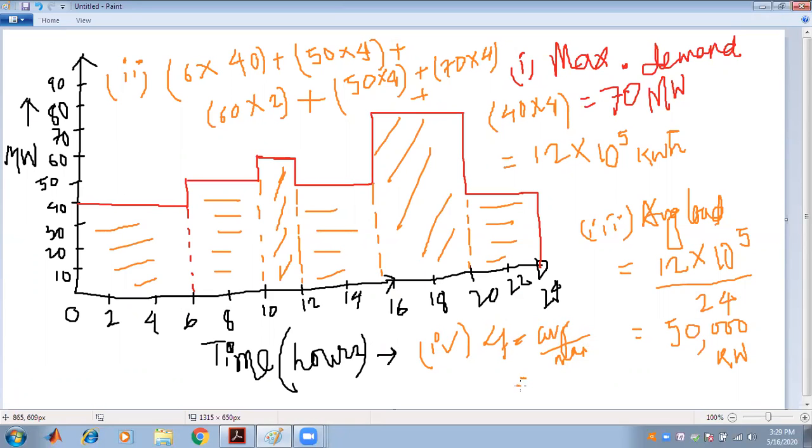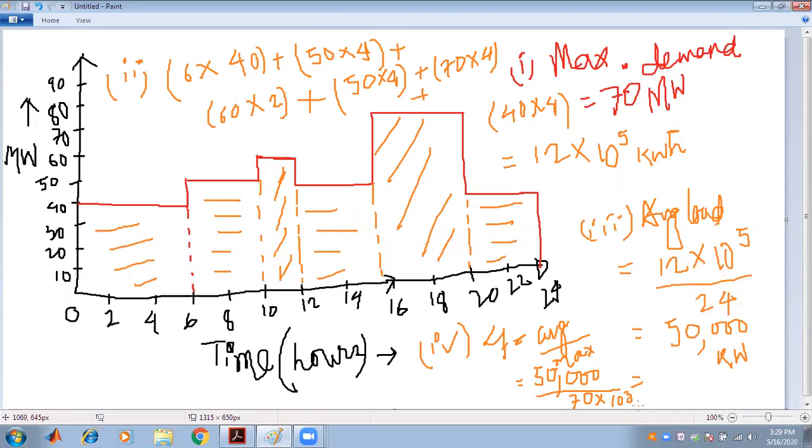Average load divided by maximum demand. The average load is given as 50,000, which we have found, and the maximum demand that we have already found is 70 megawatt, meaning 70 into 10 to the power 3 kilowatt.